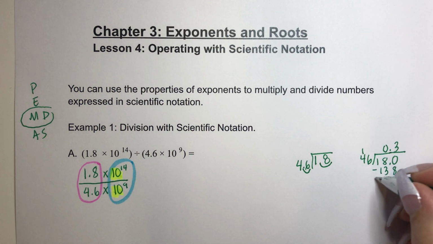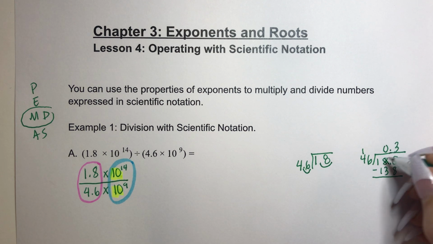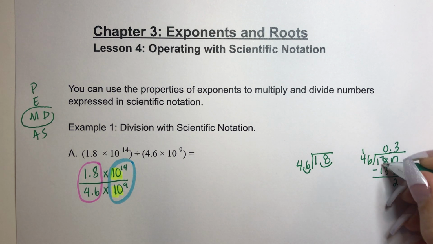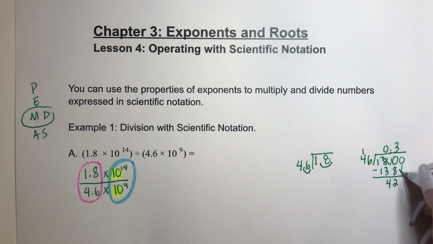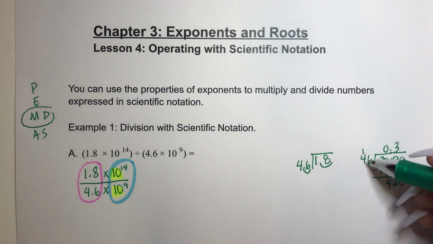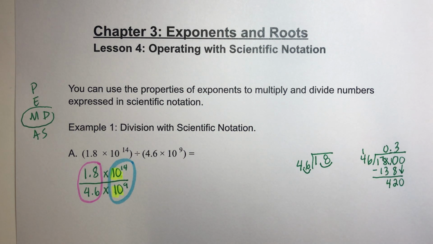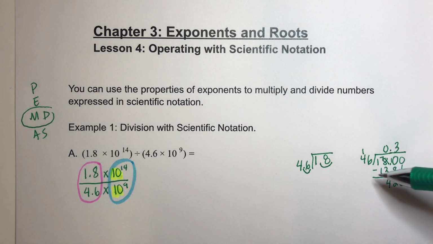Then we subtract. I need to borrow here. That would be 2. 7 take away 3 is 4. So that's less than 46, so we did it correctly. I'm going to add a 0 and drop it down. 46 goes into 420 how many times? I'm going to think about 46 as 50. So 50 goes into 400 8 times.